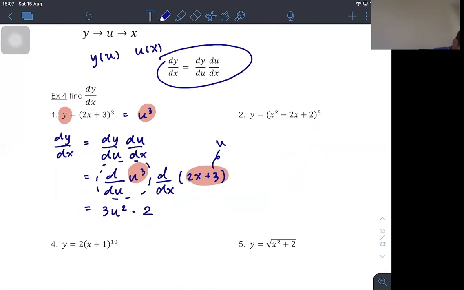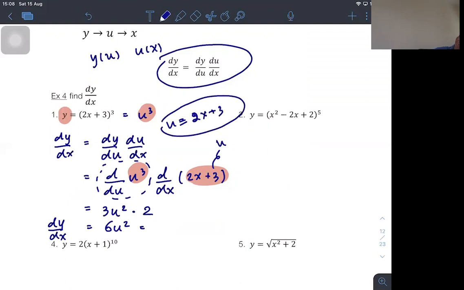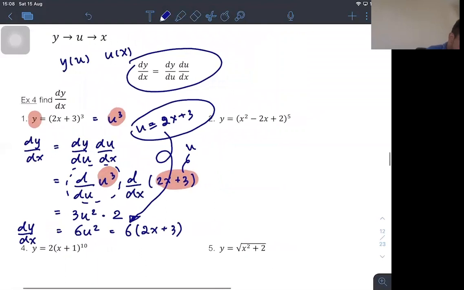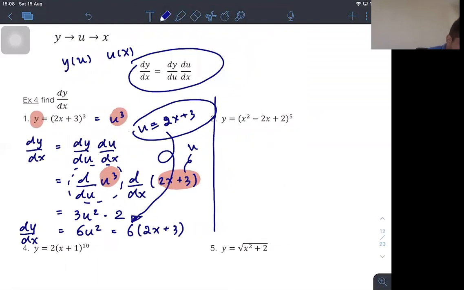So I have dy by dx as 6u squared, but actually you have been given u as 2x plus 3. So I bring 2x plus 3 back into the same equation, so that you get back 6 times 2x plus 3 squared.